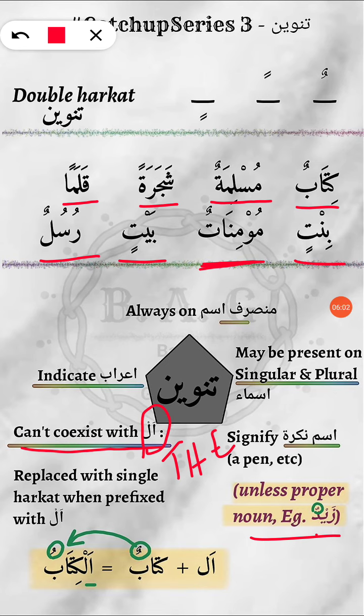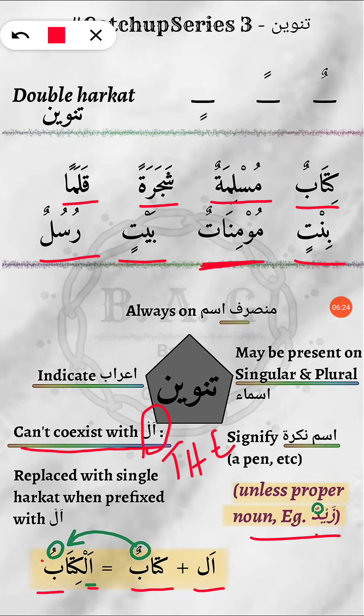Okay, so for example, we have the word kitabun with the tanween, right? What happens? We prefix it with al, and this tanween is changed into its single harakat. All right, so al plus kitabun is equal to al kitabu.